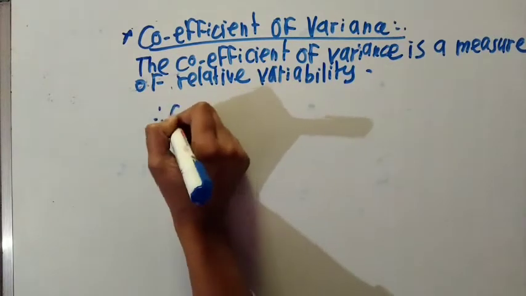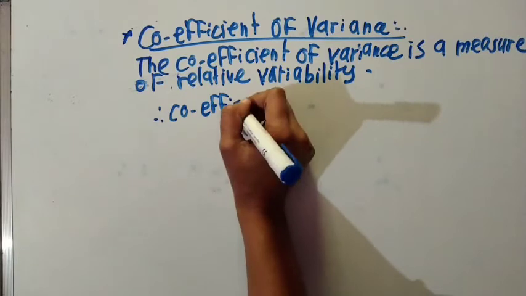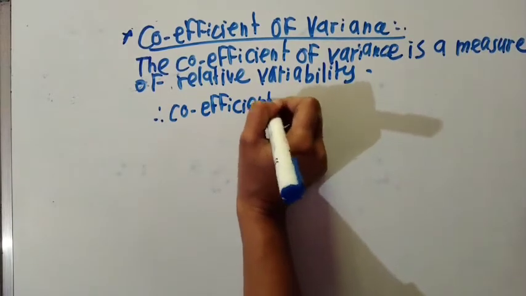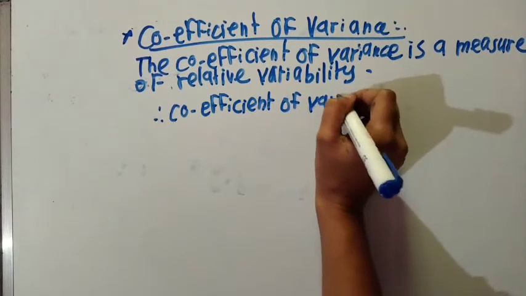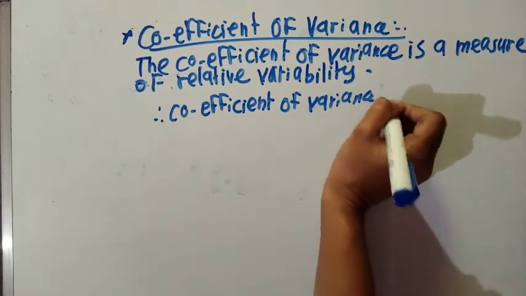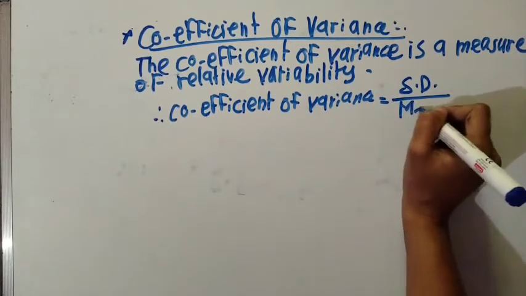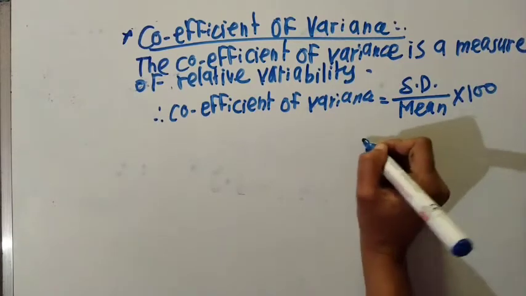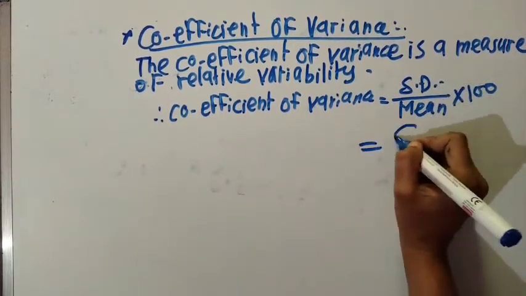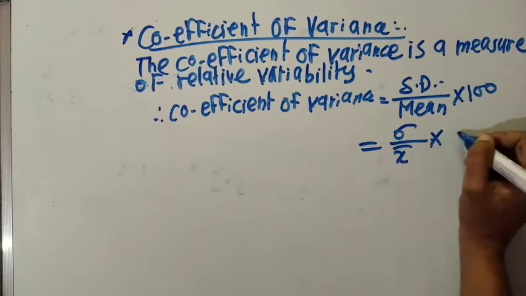It means coefficient of variance is equal to standard deviation upon mean into 100, where standard deviation is sigma and mean is x bar, into 100.